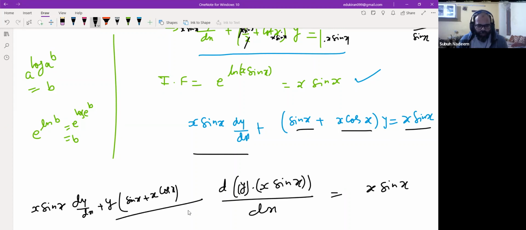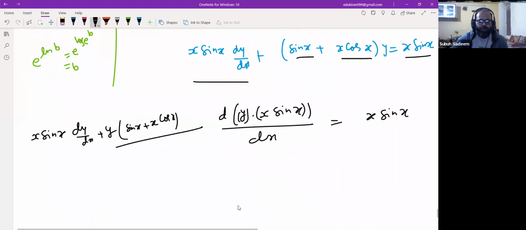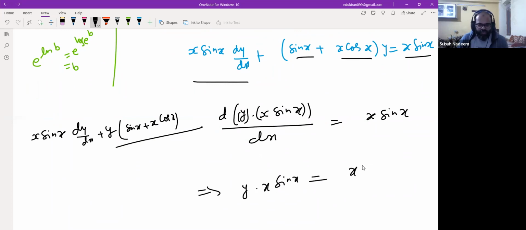So the same thing we're getting. You can verify also. So it will be y into x sin x after integration here, and this will be the integral of x sin x dx. Would you get this?